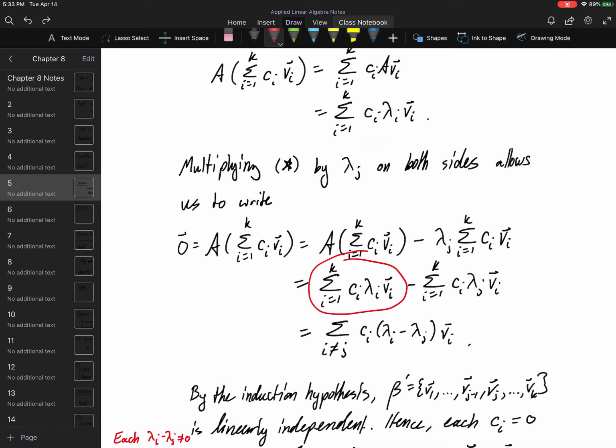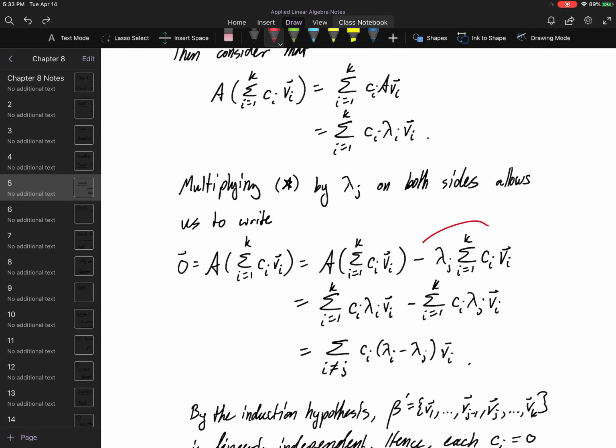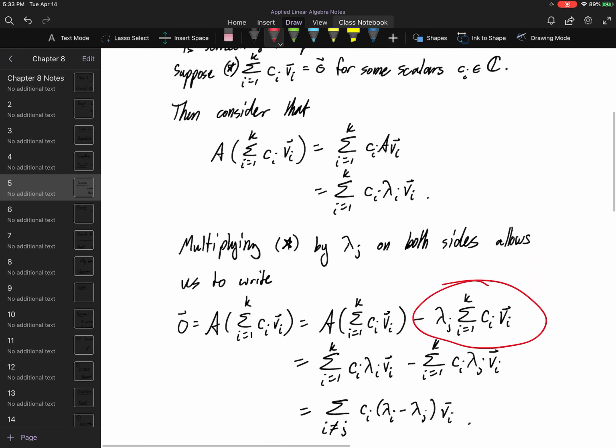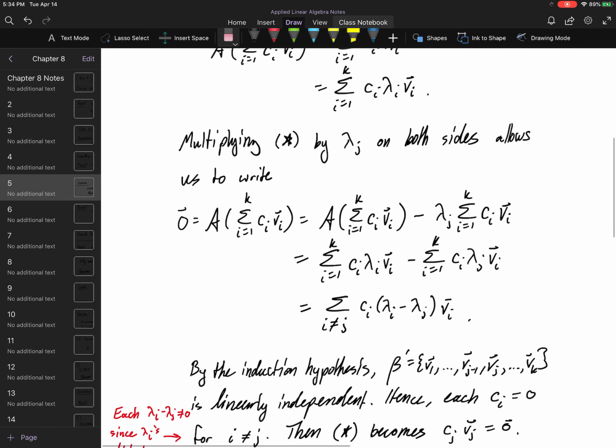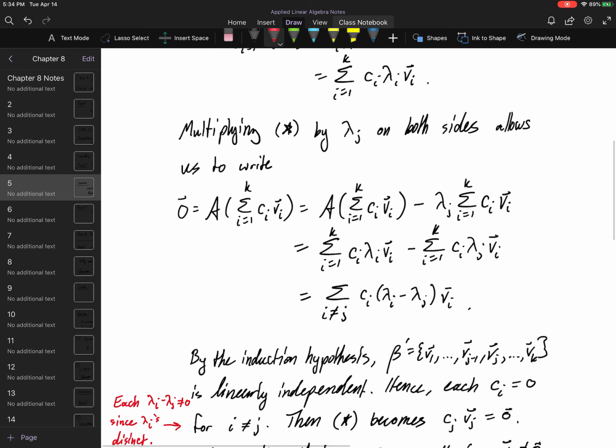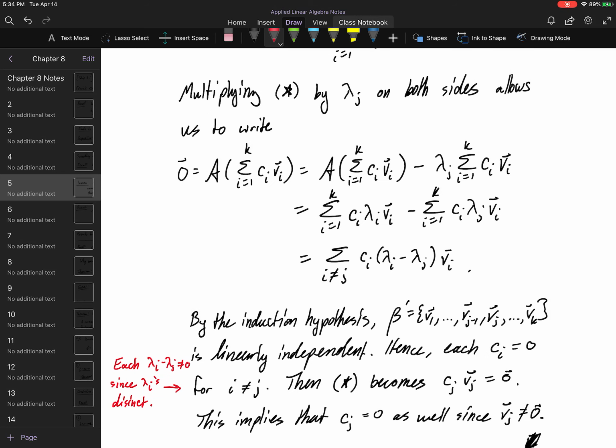But because I have the zero combination, I can go ahead and add or subtract any multiple of equation star. And that's exactly what I'm doing. This is effectively lambda j times the zero vector. I'm adding nothing, or I'm subtracting nothing from this guy, but I'm doing it in a very particular way.